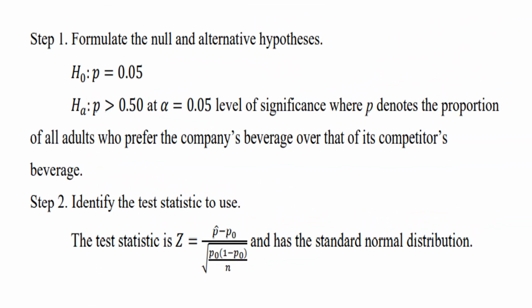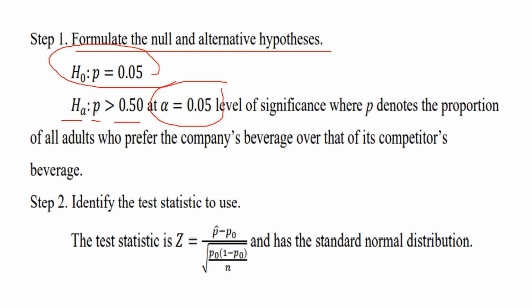So for step number 1, we're going to formulate the null and alternative hypothesis. Since we always said that your null hypothesis will show you an equality between your two variables involved, then your p now is equal to 0.5. And for your alternative hypothesis, your p now is greater than 0.5 at the level of significance which equals 0.05.